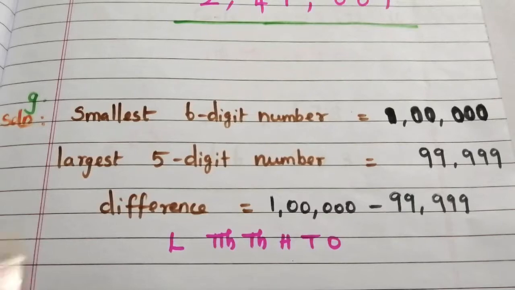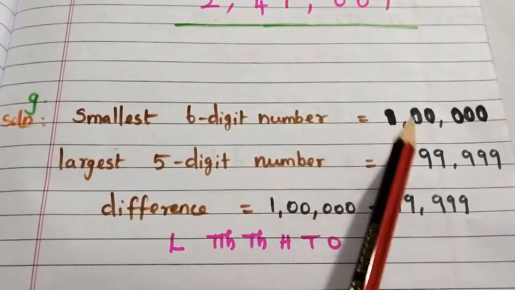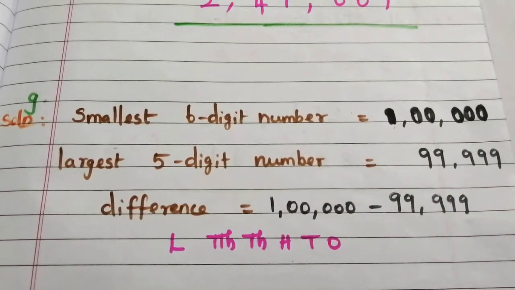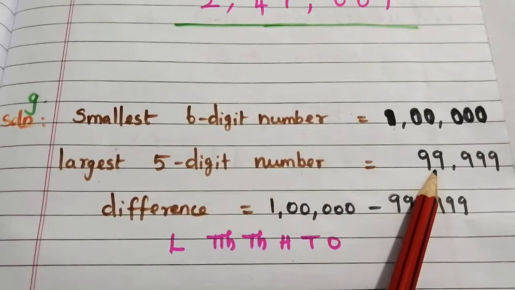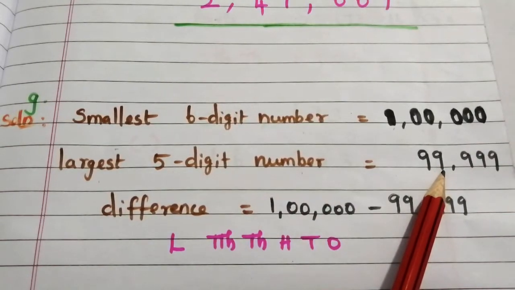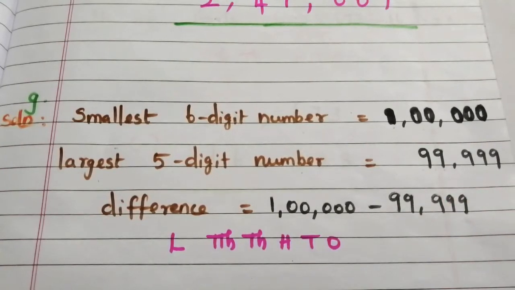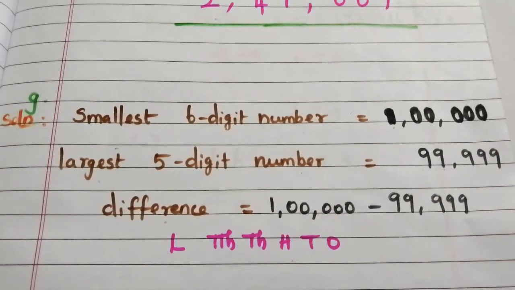And children, we know smallest 6-digit number means we have to write 1 with 5 zeros. That means 1 lakh. Largest 5-digit number means we have to write 9 five times. That means 99,999. Therefore, difference is this minus this.